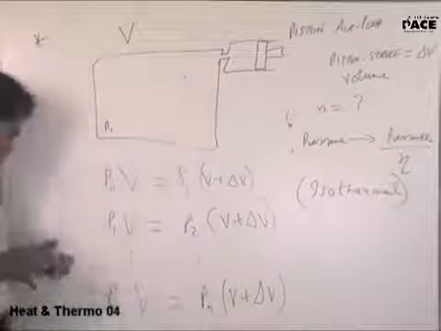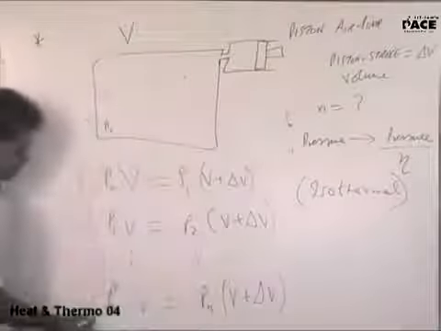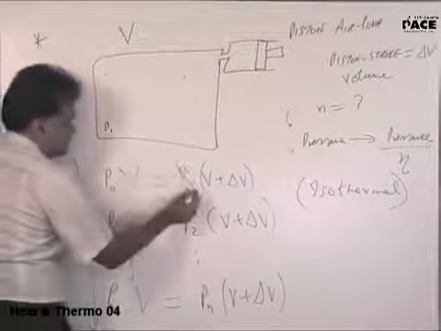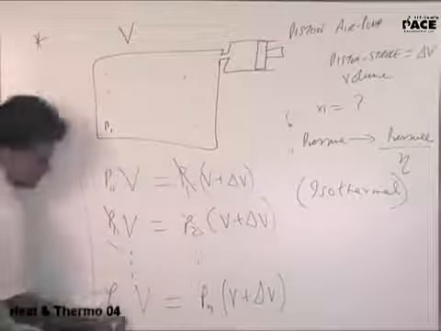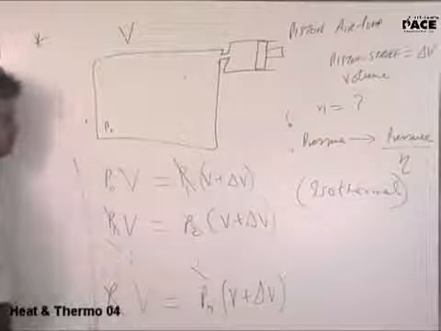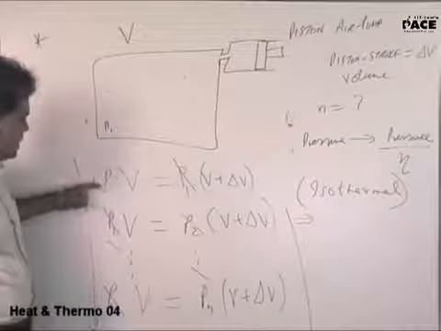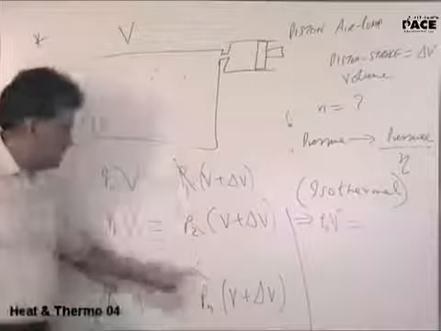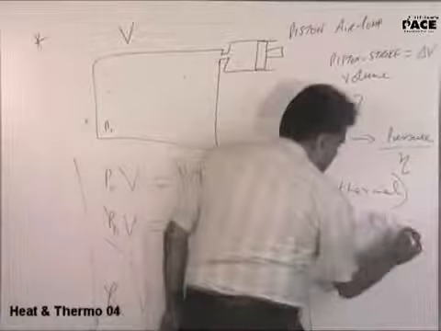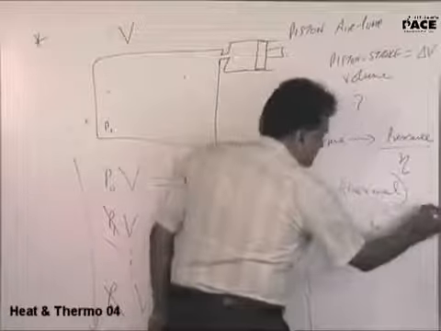So can we now solve this? If you just multiply everything from top to bottom, P1 cancels off with P1, P2 will cancel off with this P2, Pn minus 1 will cancel off with the Pn minus 1 here. So when you multiply, you get P naught V to the power n, and you get Pn times V plus delta V to the power n.